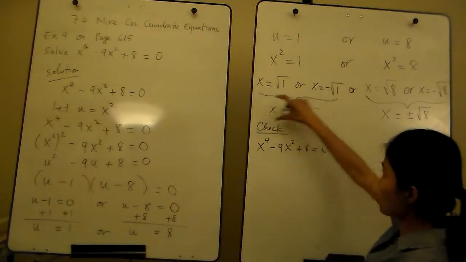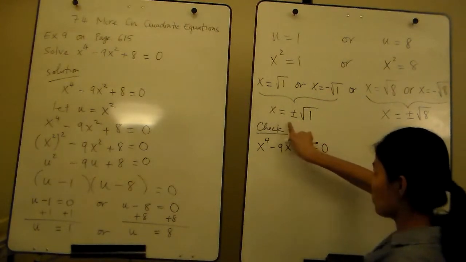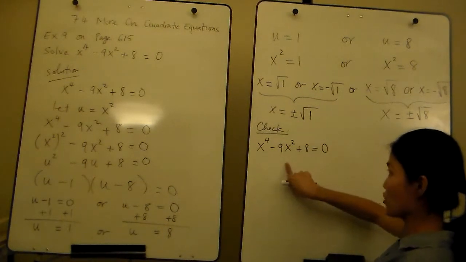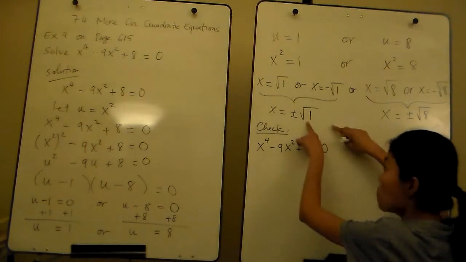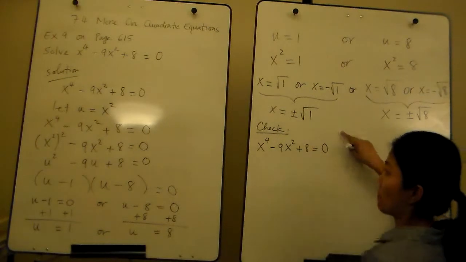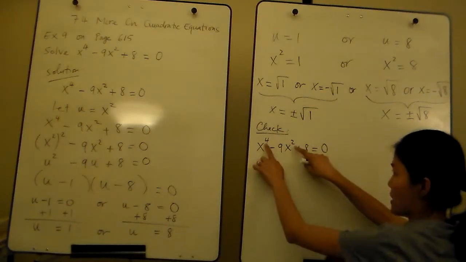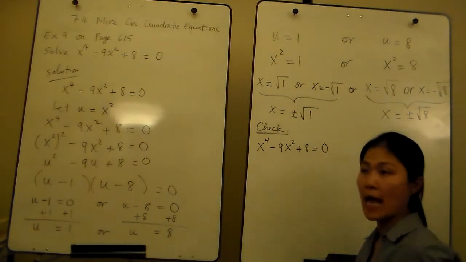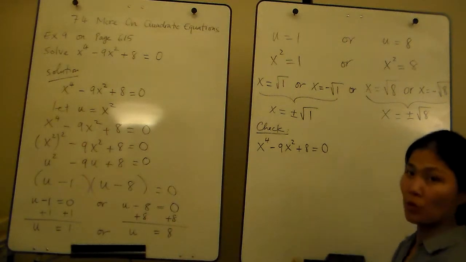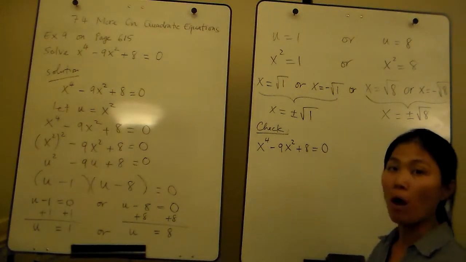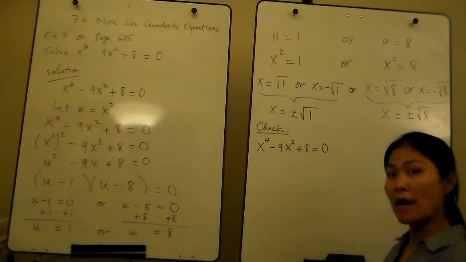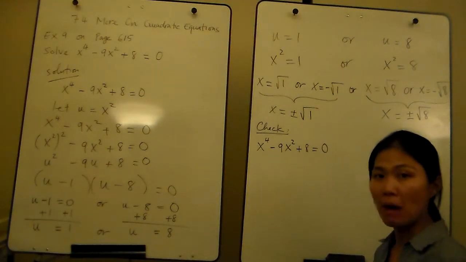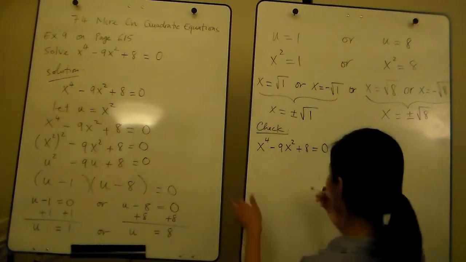That means you can plug in the solution and check only one time, because the solutions differ only in sign, but the equation has even exponents. Remember, when you raise anything to an even power, it's always positive. So even though the inside is negative, when you raise it to an even power, it's still a positive value.